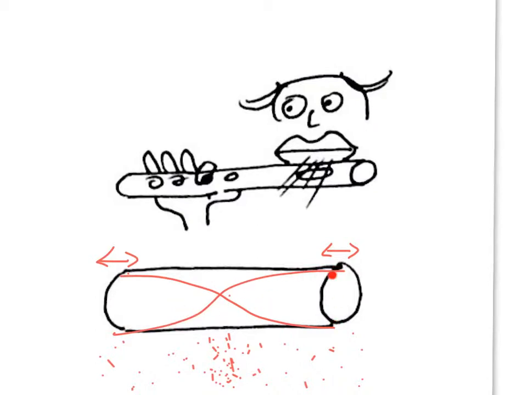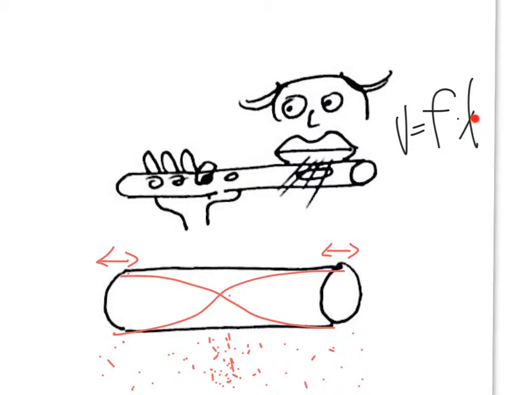And notice how the dimensions, meaning the length of the air column, are going to determine the wavelength of the standing wave, which therefore affects the frequency. We know this, the velocity of sound is equal to the frequency times the wavelength. So velocity is frequency times wavelength.